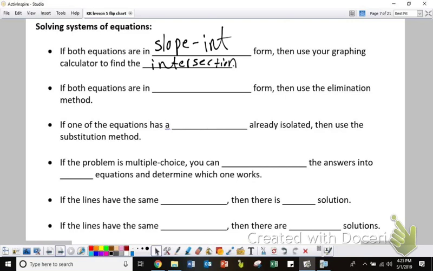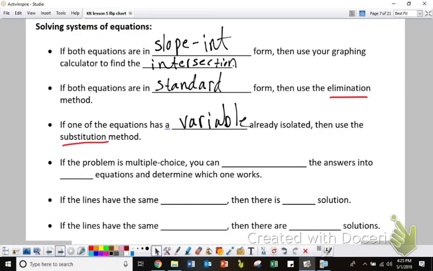If both equations are in standard form, then we want to use the elimination method, which again we'll get back into. If you don't remember it, that's okay. If one of the equations has a variable already isolated or by itself, then use the substitution method. So those are two methods we're talking about already, elimination and substitution.